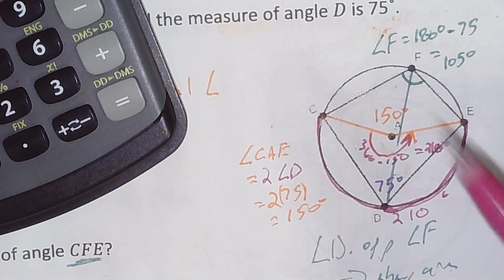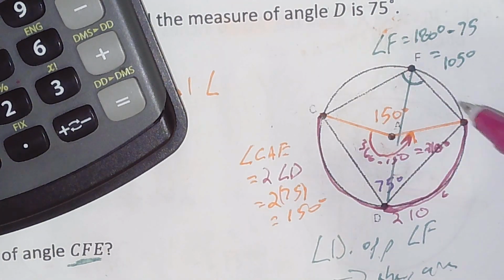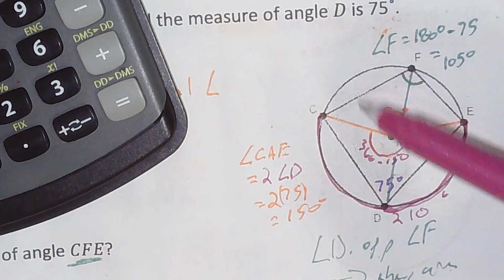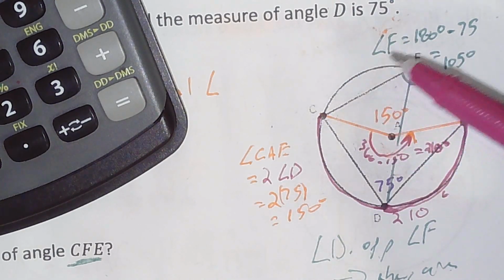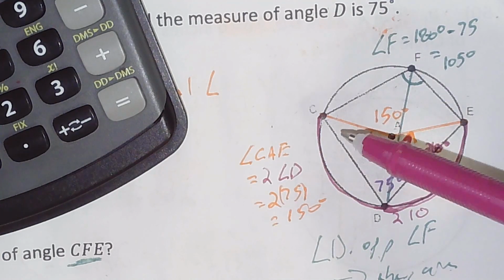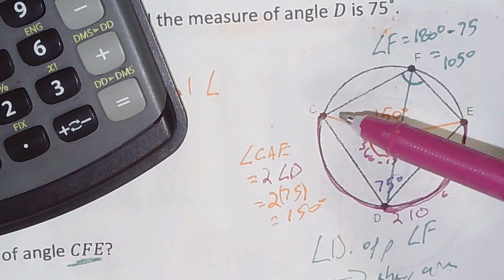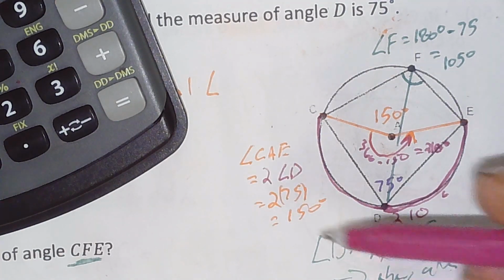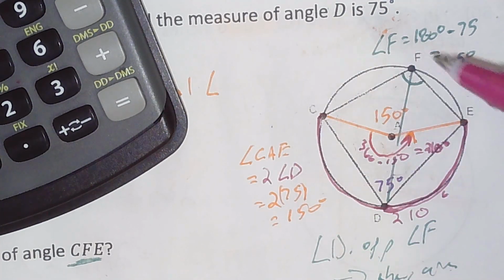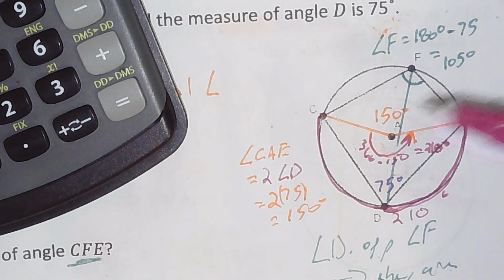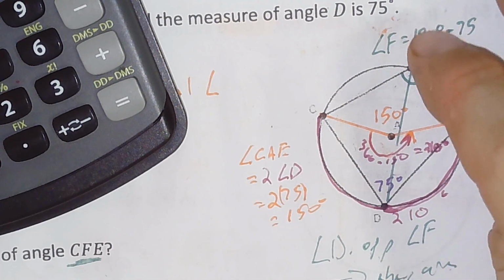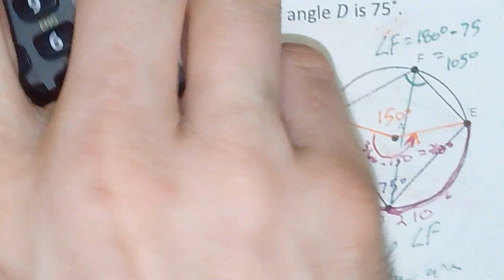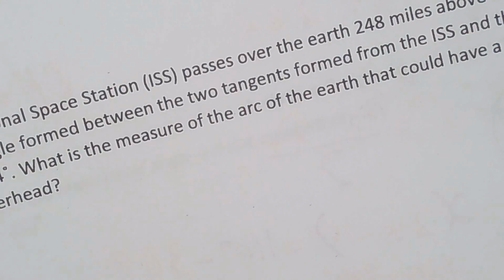You could have also said this arc is 150 degrees and the entire circle is 360, so arc CDE is equal to 360 minus CE, or 360 minus FE. Either one would have worked. So that's that one.